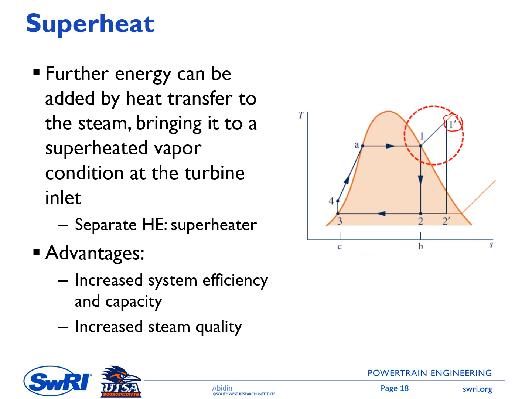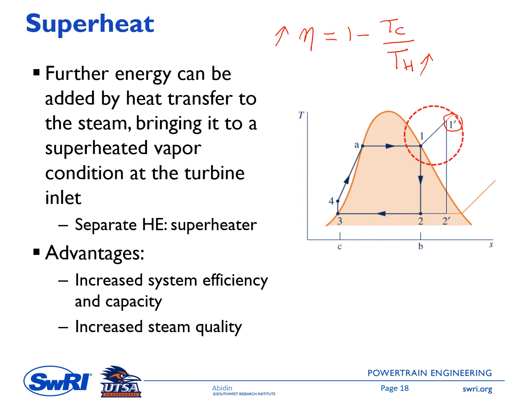By having a superheater, TH now increases because the new average temperature is between point 4, point 1 and point 1 prime. Once again, the Carnot efficiency of this Rankine cycle is 1 minus Tc over Th. So by having a higher Th, we will have higher system efficiency.